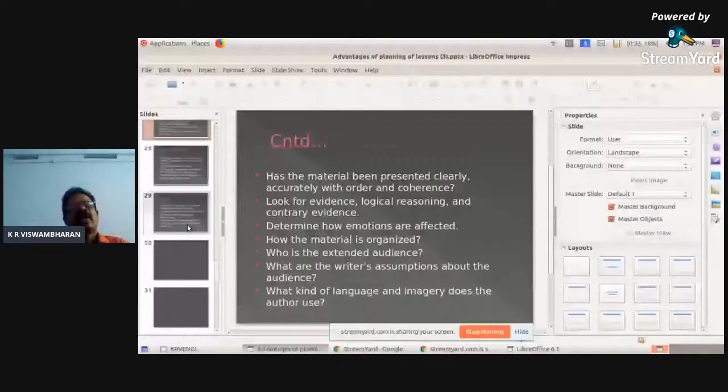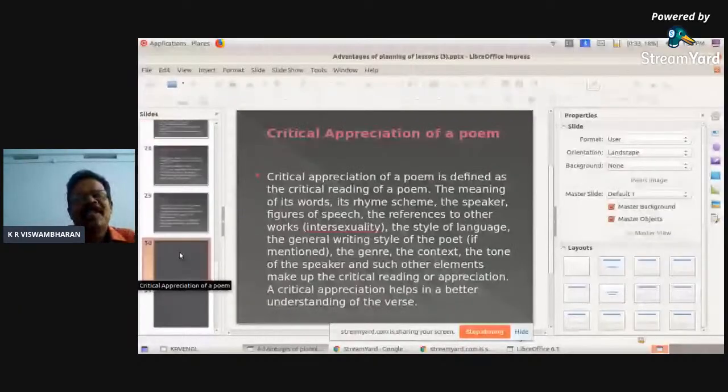Now we are coming to the critical appreciation of a poem. It can be defined as a critical reading of a poem.